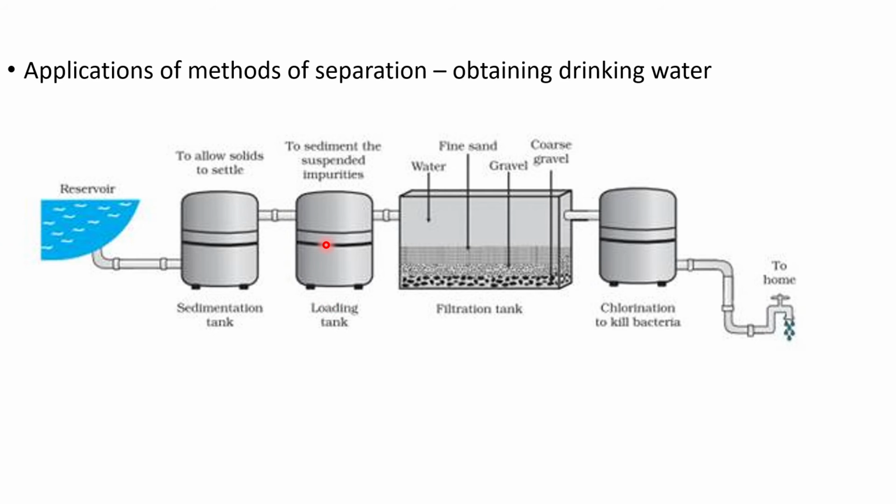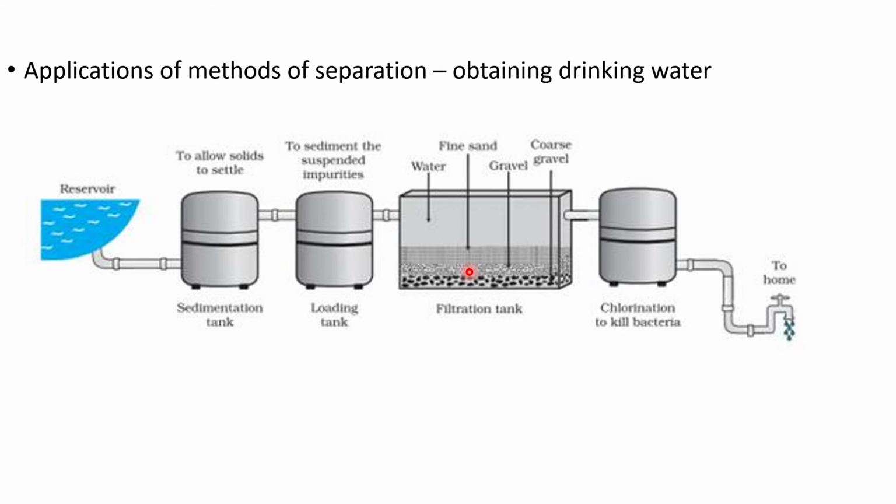In this loading tank, again, if there are some impurities left, we can use some alum or any other chemical substance to speed up the sedimentation, and ultimately the sediment would settle down. We would then take the clean water into a filtration tank. In this filtration tank, usually in filtration we would be using filter paper, or in aquaguards we use certain filters which are made up of ceramic.